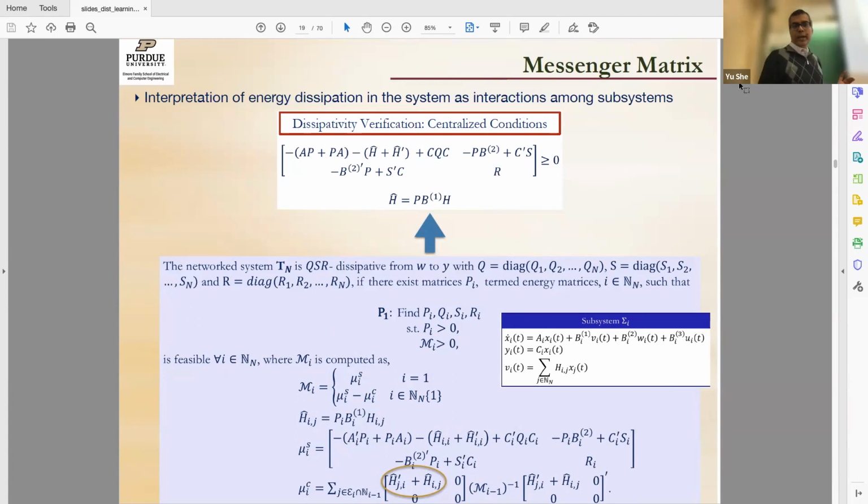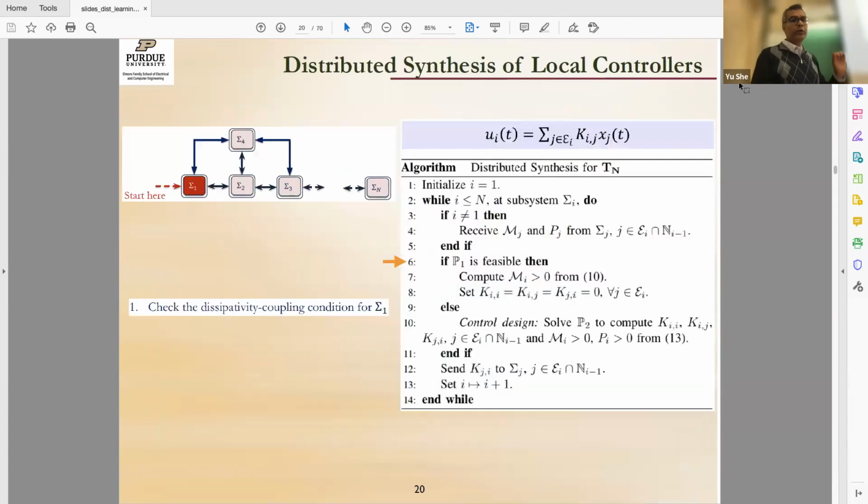So the algorithm becomes like this. For the first system, it does not matter how you number the systems, by the way. Any numbering would work for feasibility. So you start from any subsystem. This system does not know anything about the other subsystems. All it needs to do is make sure that it is dissipating energy, that it is giving out energy.